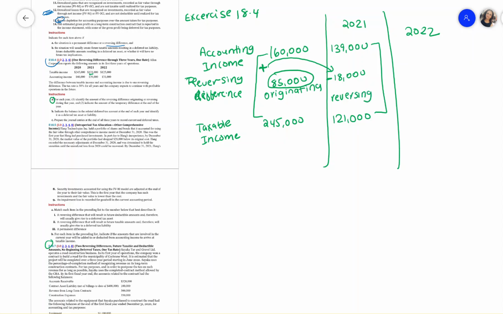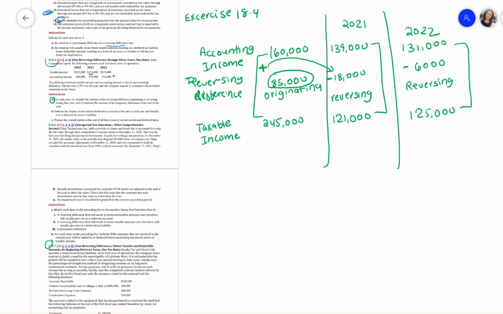Then we look at 2022. We have an accounting income. We started off with 131,000, but my taxable income is 125,000. The difference between those two numbers is 6,000. So we are subtracting the 6,000, and it is also a reversing difference.